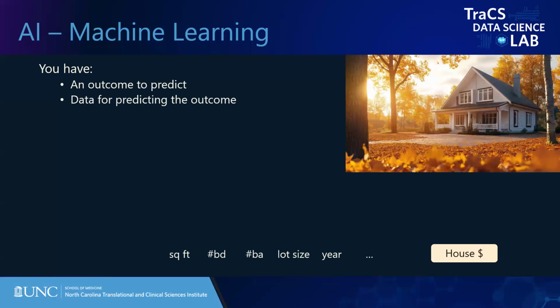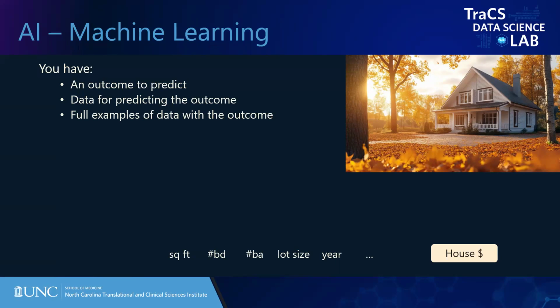So this will be things like square footage, number of bedrooms and bathrooms, lot size, year of construction, maybe neighborhood characteristics, etc. And then remember, in machine learning, we need examples to learn from. So this means full examples where you have the data for all these features, square footage, etc., but also the actual price of the house.